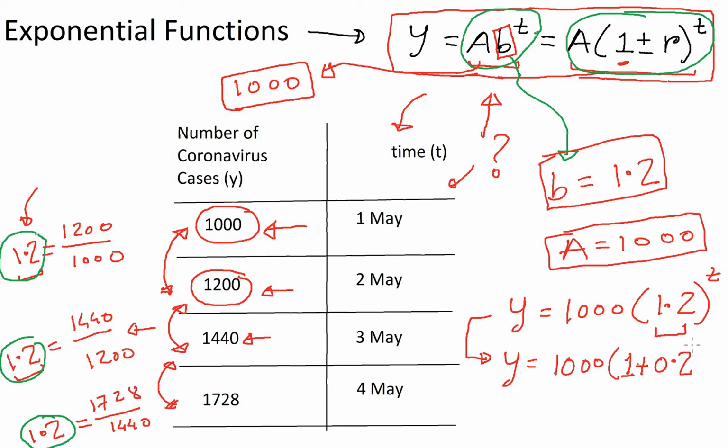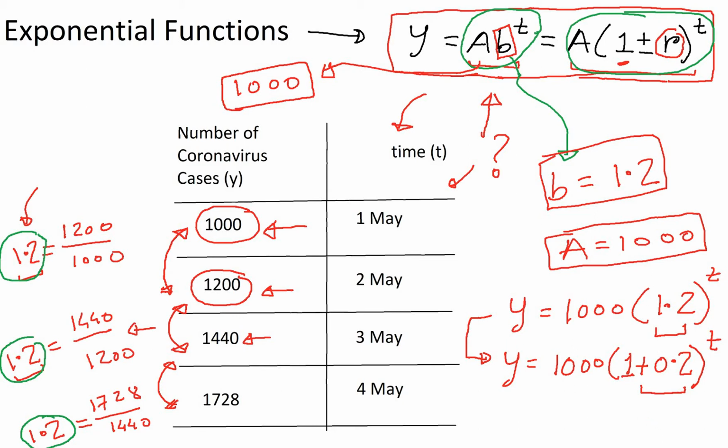We are trying to make these two equal. This is useful because this plus 0.2 is the rate. This rate tells you that the coronavirus cases are increasing by 20%.